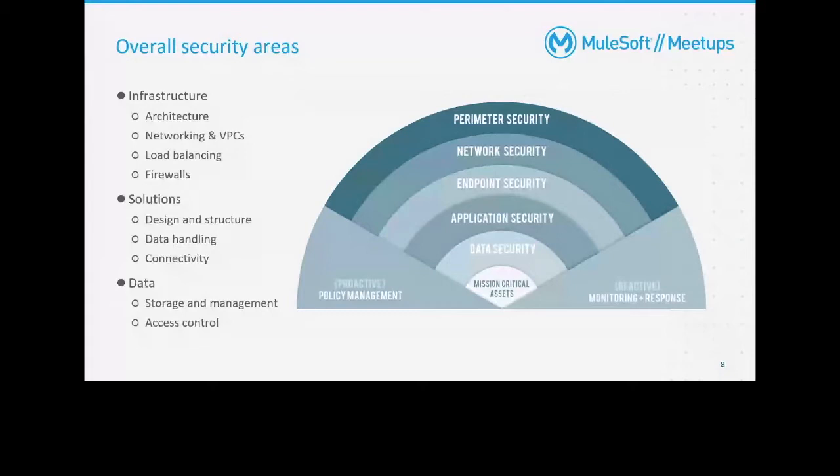And finally, data: how is data stored, how is it managed, and what access control or what policies do you have? What I'm trying to say here is, if there is an integration or a solution which is connecting to those data systems or databases, the data should not be exposed fully or be available directly to these solutions.